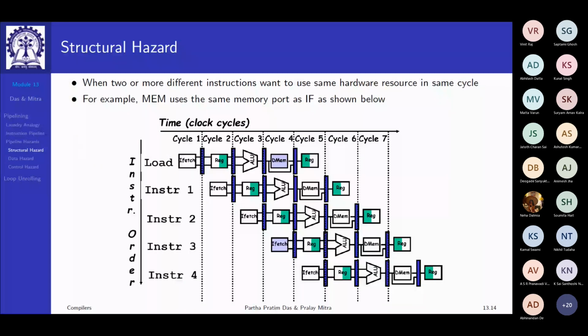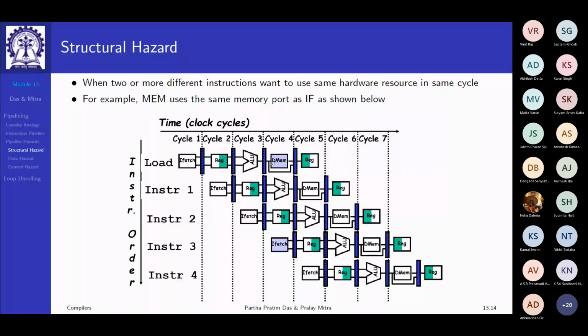Now, let us see what are the different hazards that you can have. So first, the structural hazard. Structural hazard is, as I said, primarily driven from the architecture. So it will happen when, say, you have 2 instructions in the pipeline, both of which in the same cycle want to use some common resource. For example, you are trying to do a load here.